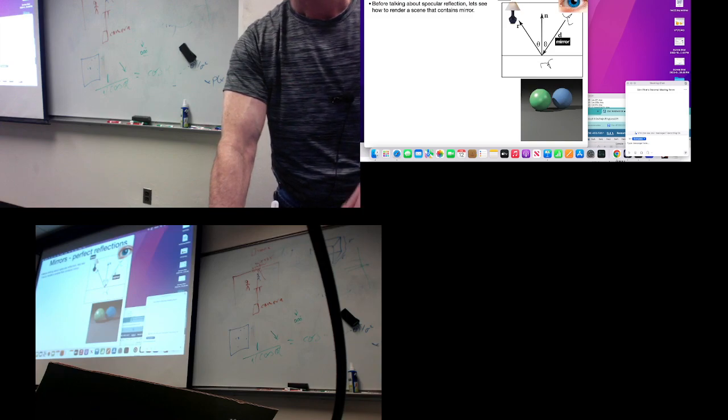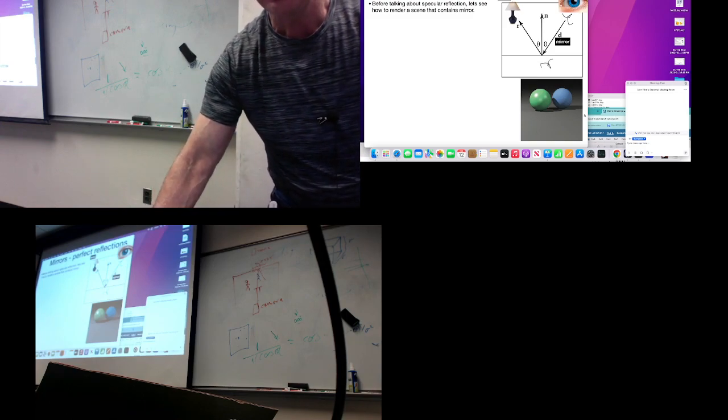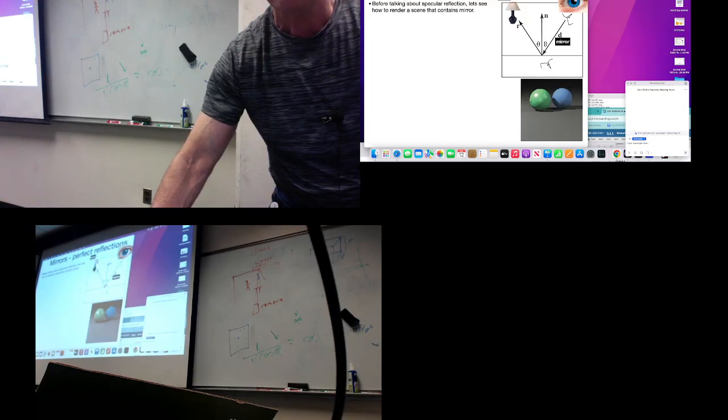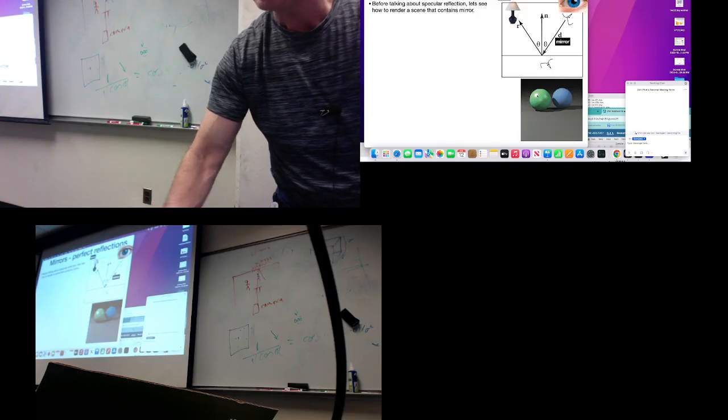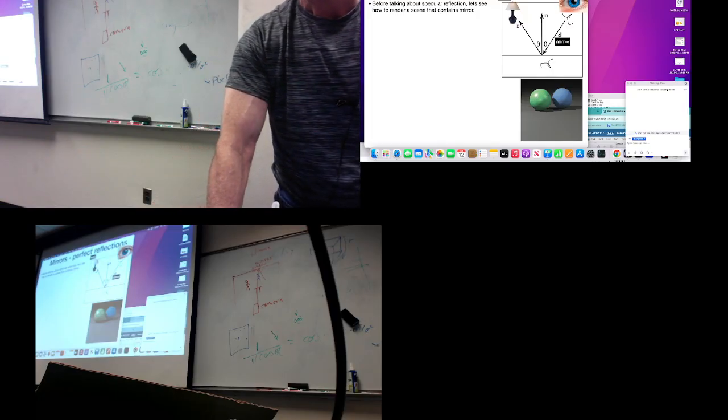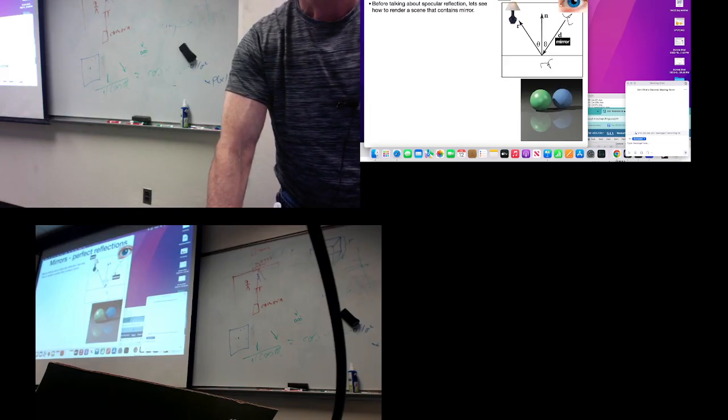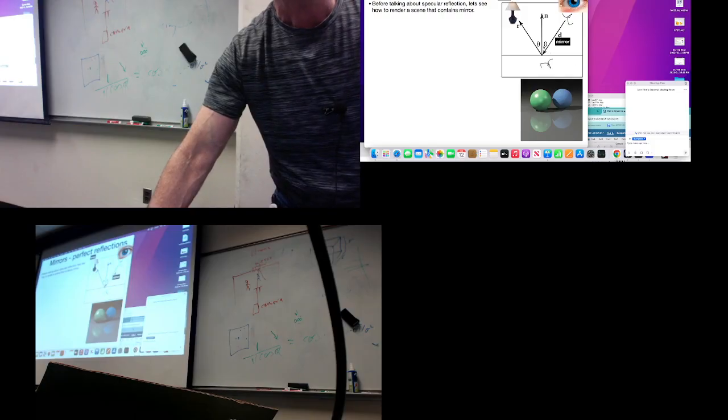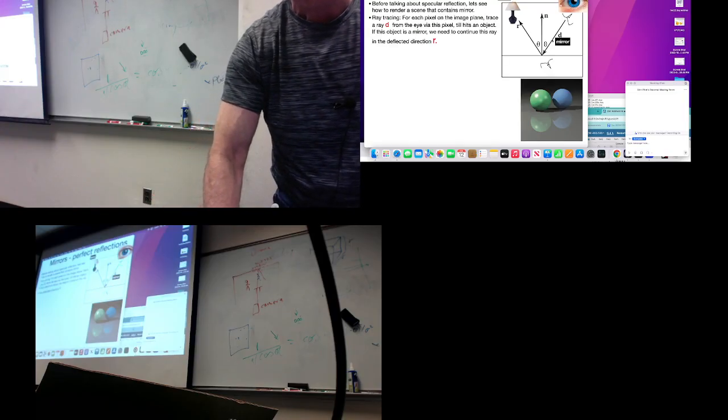That was a convoluted sentence. When I generate the specular effect, I'll imagine from time to time that I replace the surface with a perfect mirror surface because they are very much related. And what's special about the surface is that the angle to the normal and the angle away from the normal are the same angle.